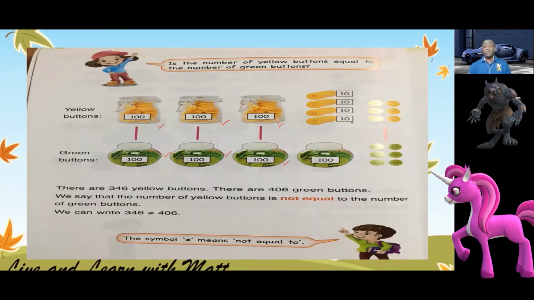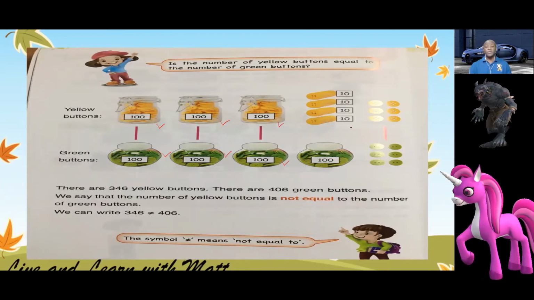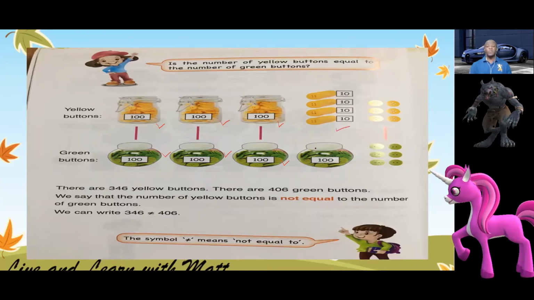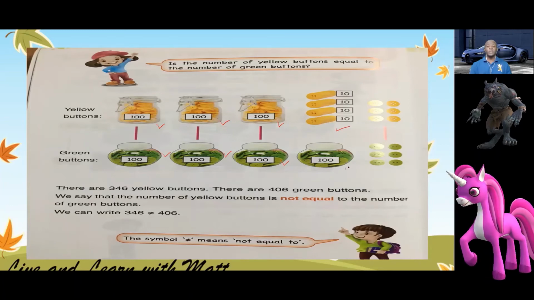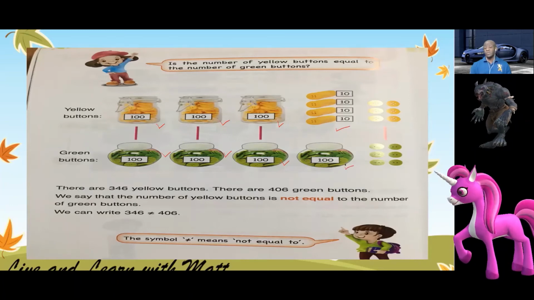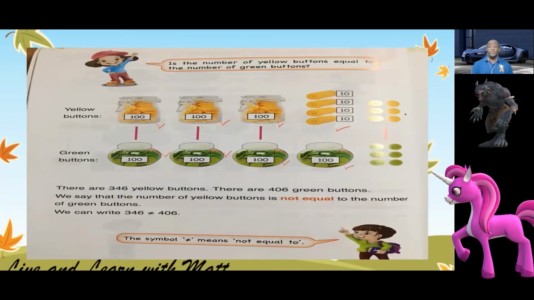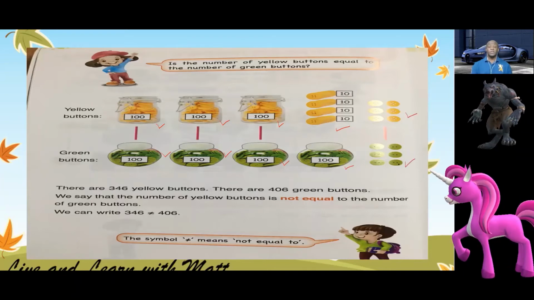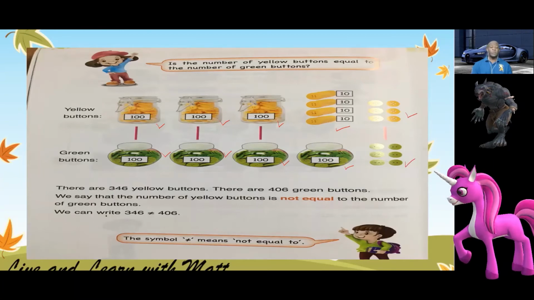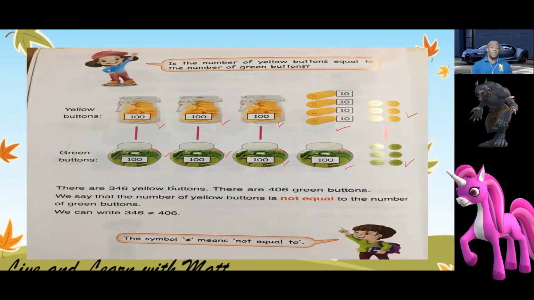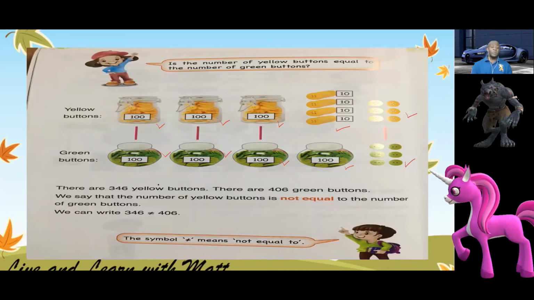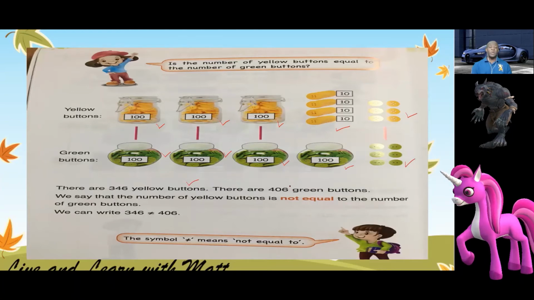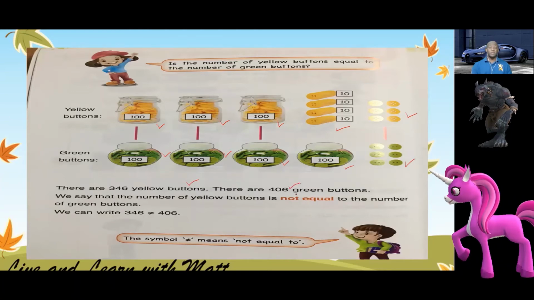We have 40 yellow buttons. We have 100 green buttons, excuse me. We have 6 yellow buttons and we have 6 green buttons. So we can conclude and say there are 346 yellow buttons and there are 406 green buttons.